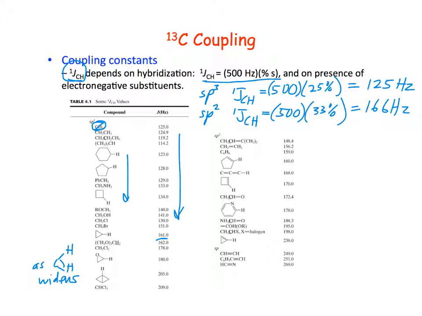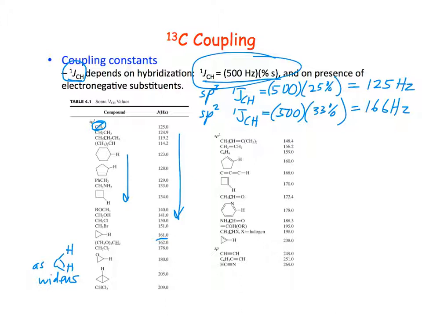That one is getting more and more p character because p orbitals are at 90-degree angles to one another. So the p character is increasing in the carbon-carbon bonds, but the carbon-hydrogen bonds are opening up, and so they're getting more S character. Right? So as we get more S character, just like the equation shows up here, the coupling constant gets bigger.